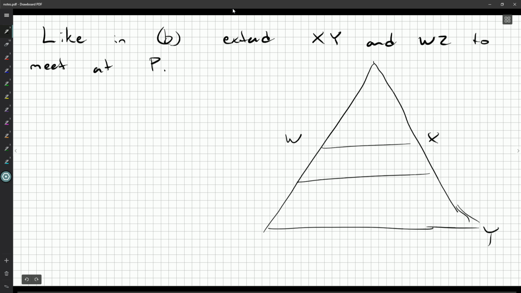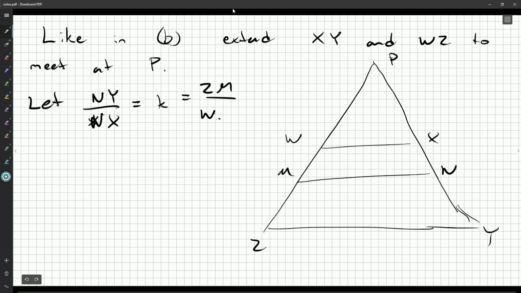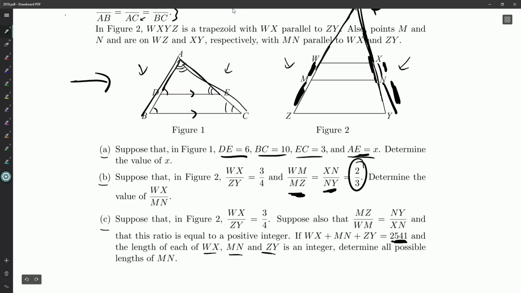W, X, Y, Z, M, N, and P. Let's say let NY over XN equal K, and that's the same as ZM over WM, and this is an integer. Okay, I do have the right ratios, correct?